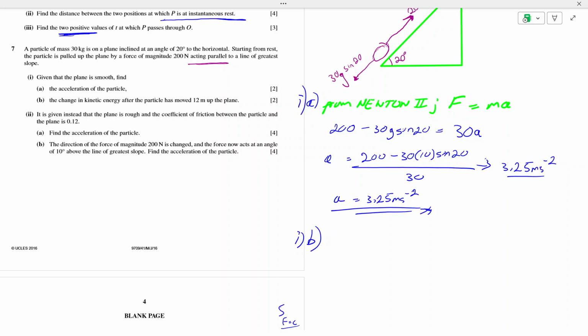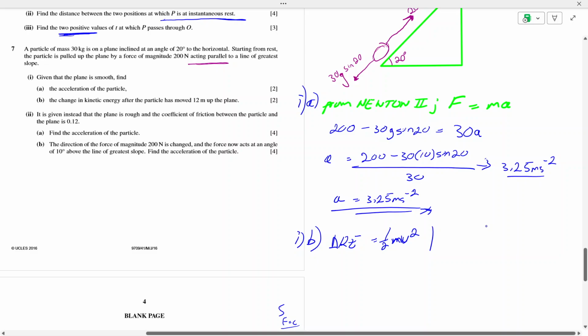So what I'm going to do is, remember, kinetic energy is equal to half mv squared, right? So I want to find that change in v, and I'm going to use the SUVAT equation.